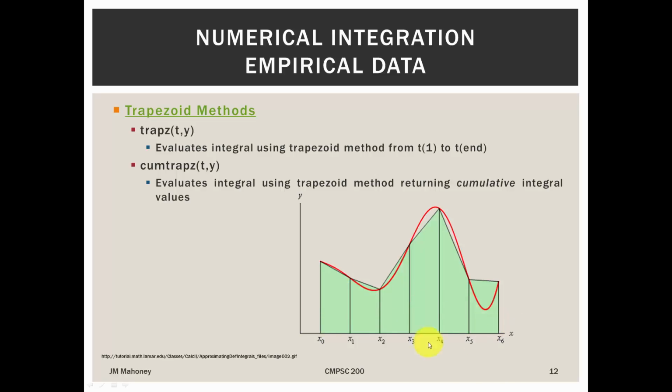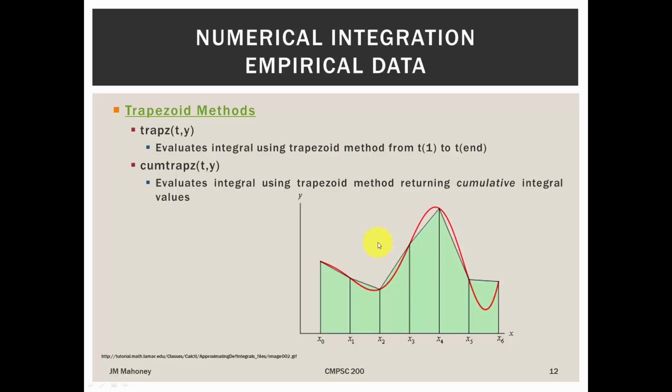So these will be instances of time. So we only know the acceleration at time 0, time 1, time 2, time 3, 4, 5, and 6. So what we want to do is estimate what the integral is based on only those discrete points. We don't know what really happened between 0 and 1, or 1 and 2, or time 2 and 3. So we're making an estimate that there's just a linear connection between these, even though we can see clearly that that's not the case for this example.